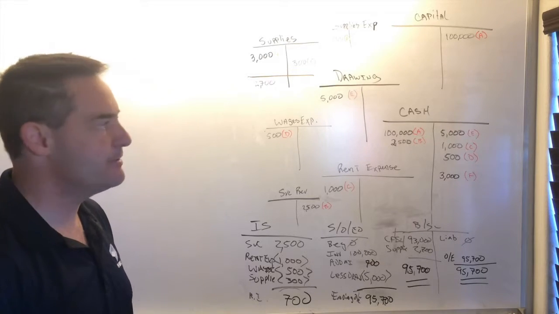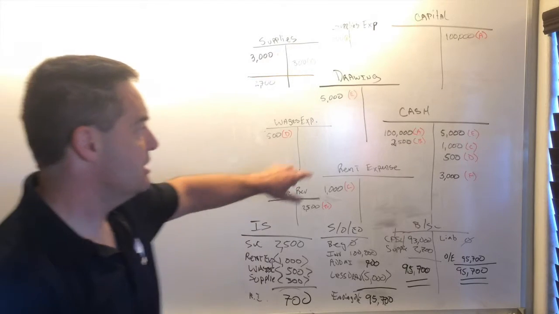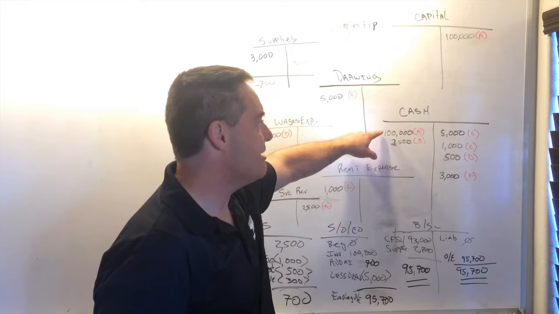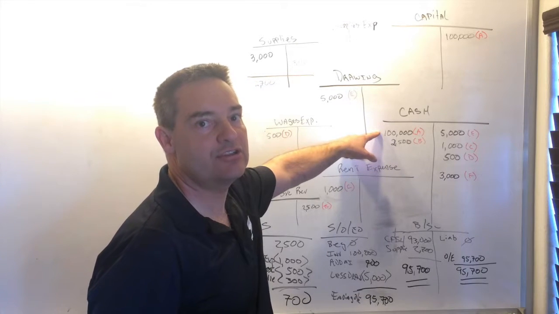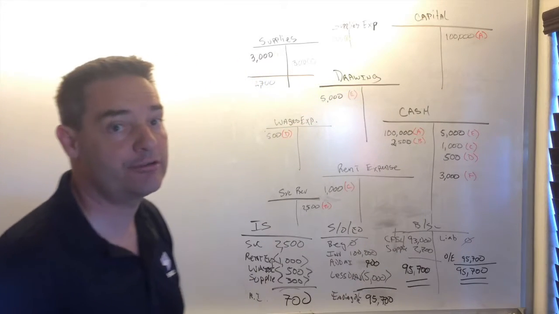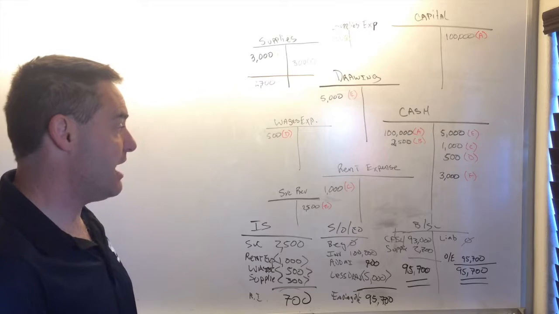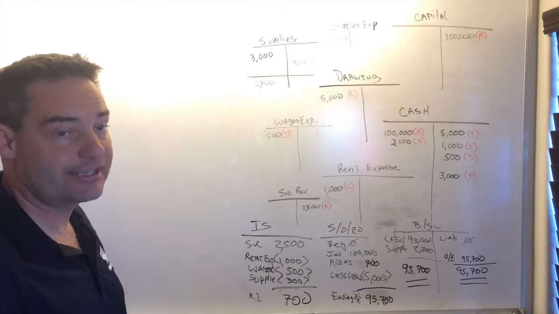Again, a very simple business, 7 transactions in total. First transaction, transaction A, we invested $100,000 into the business. So we debited cash for $100,000 and credited capital for $100,000. Second transaction, we did some work and got paid $2,500 in cash.